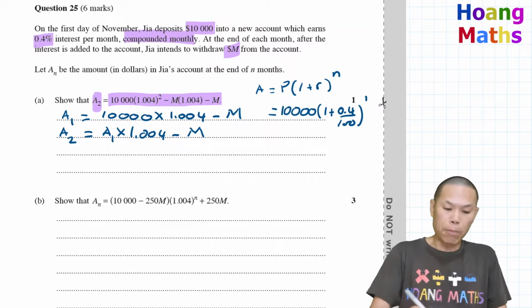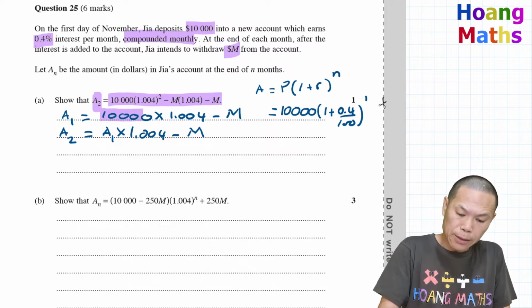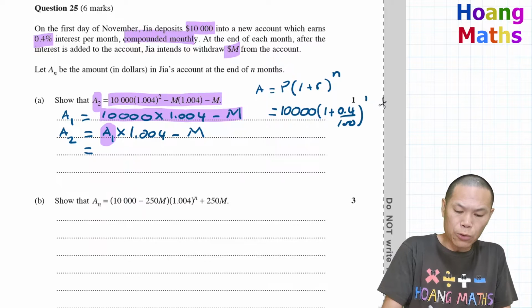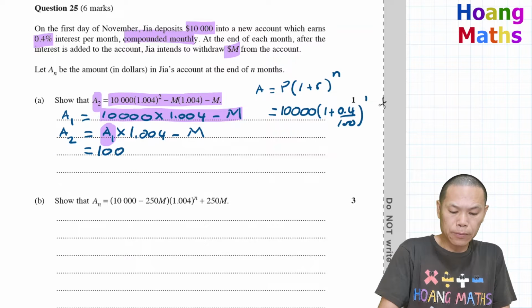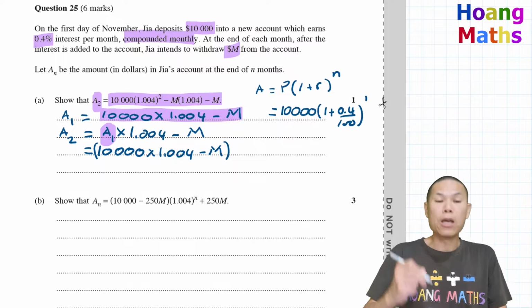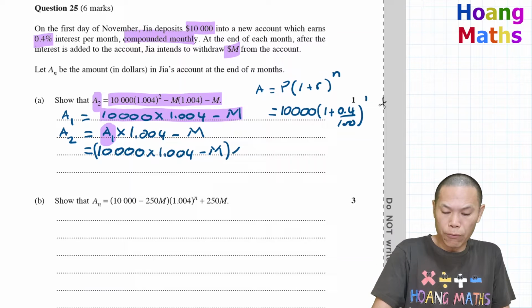That's what that meant. But A1 is this. So let me just replace this. So that is equal to 10,000 times 1.004 minus M, and we times by 1.004.